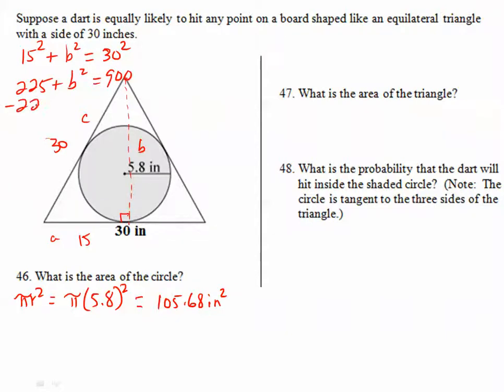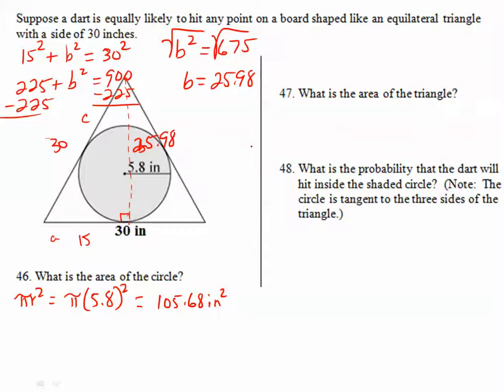So then I subtract 225 from both sides, and I get b squared is equal to 675. To find b, I have to take the square root of both sides. So b is equal to 25.98. So this height is 25.98.